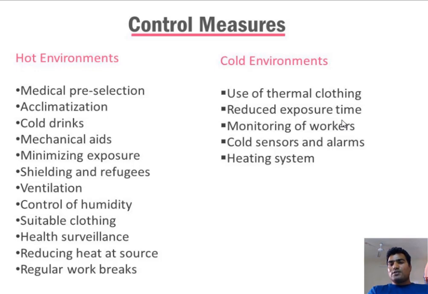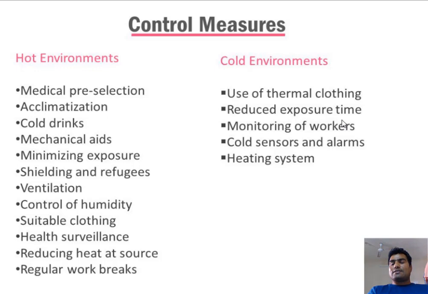So supervision is also required. And cold sensor and alarm is also required at the workplace. That means if you have set some temperature, say below -5 degrees, you are not to work there, then that will give you an alarm that don't work there. So cold sensor and alarm is also required.